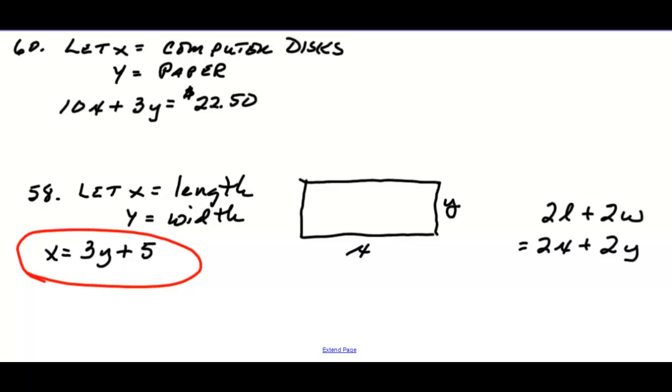In our second part, what it says is the next order for 30 disks and 5 packages of paper was $53.50. So our other one is 30 computer disks plus 5 packages of paper, 5y, equals $53.50.